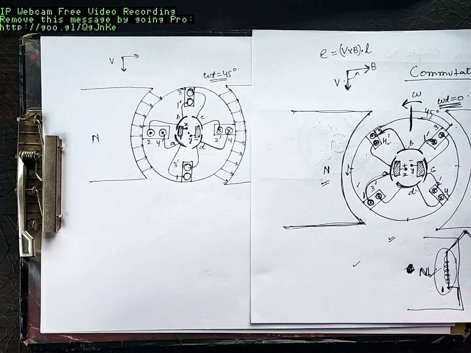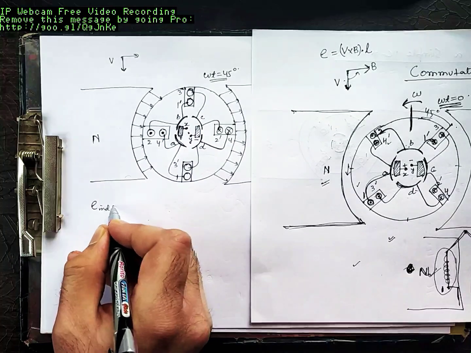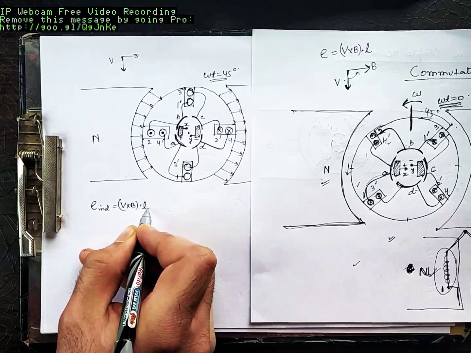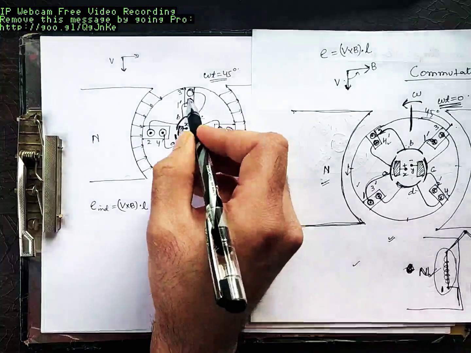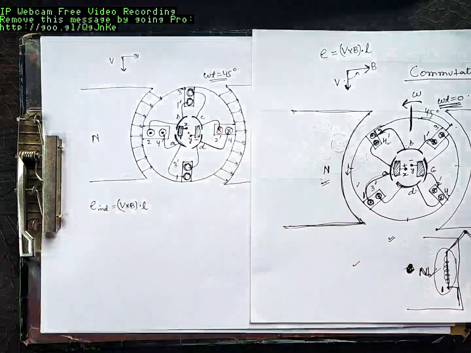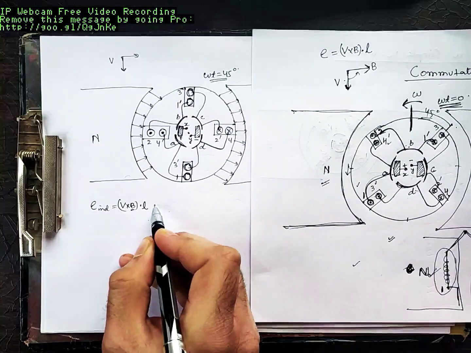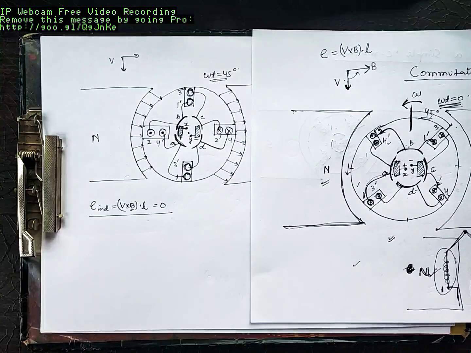Voltage induced is 0. Why? Because we know E induced is equal to V cross B dot L. Magnetic field linking 1 and 3 prime, similarly 1 prime and 3, that is magnetic field linking coil 1 and coil 3 is 0. Since when B is 0, E induced will be equal to 0. There is no induced voltage in coil 1 and coil 3.